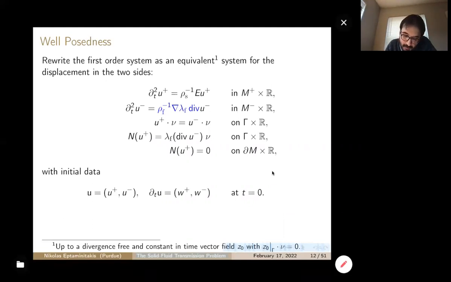And we have the elastic wave equation here that we saw before. So second derivative in t is the elastic wave operator here. And we have a second order PDE in the fluid, where now this operator here is not elliptic. So it's gradient of the divergence, roughly speaking. And that's not an elliptic operator, and that creates a lot of trouble. So here the transmission conditions are pretty much what would naturally follow from the ones we saw before.